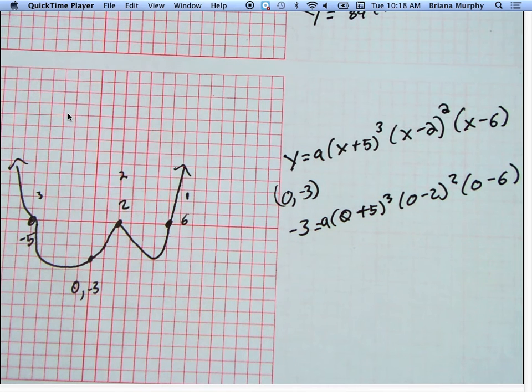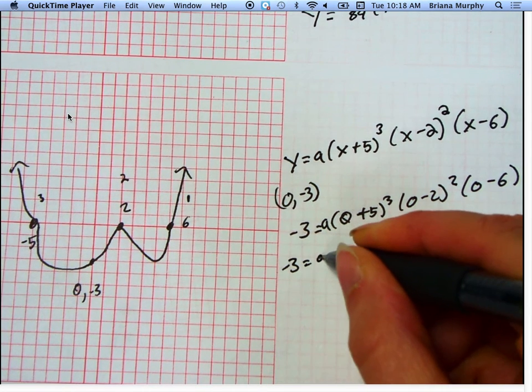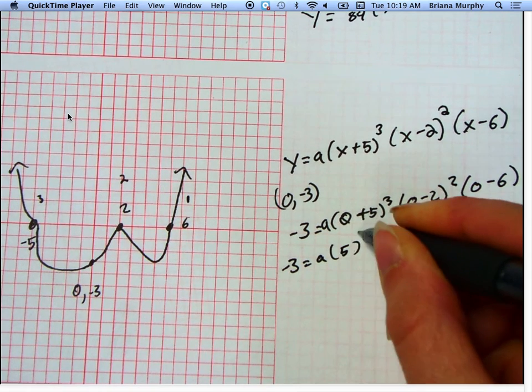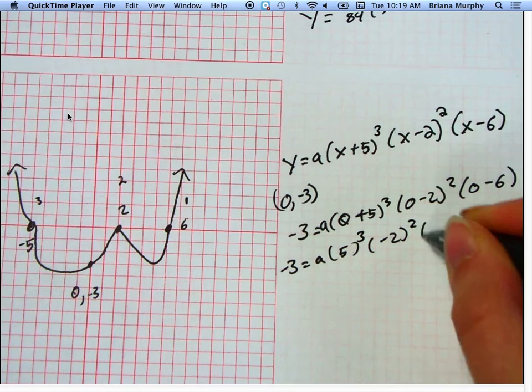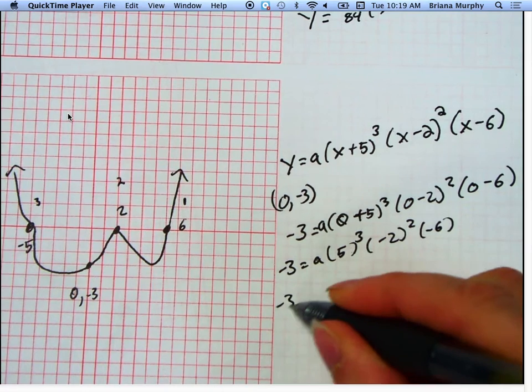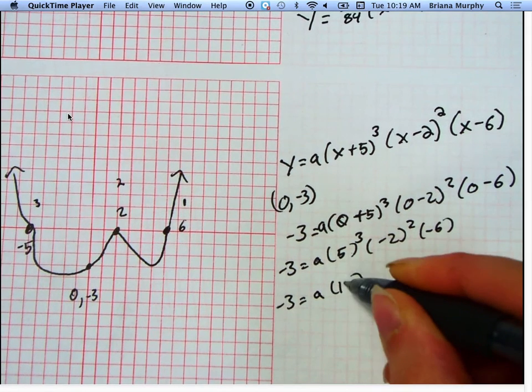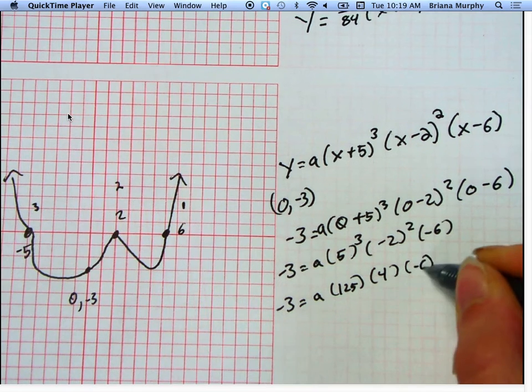Okay, now I'm going to write this out in extra steps than I would normally, but I just want you guys to see where everything comes from, okay? So I get negative 3 equals a times 5 to the 3rd power times negative 2 squared times negative 6, because I just added or subtracted 0 to everything. Then I get negative 3 equals a times 125 times 4 times negative 6.